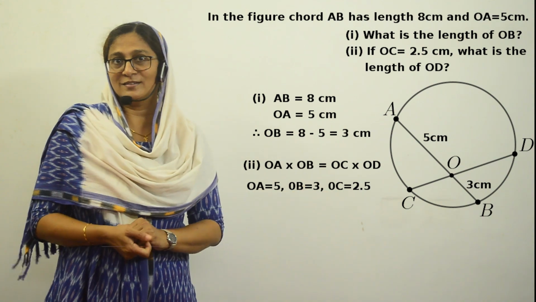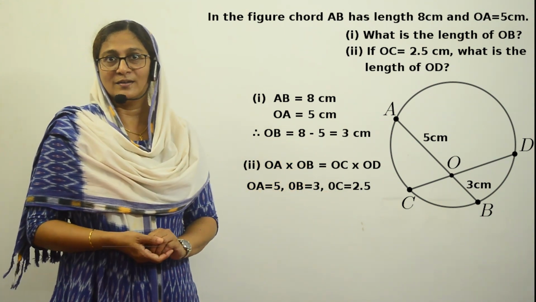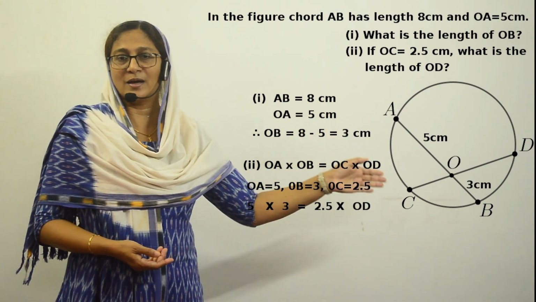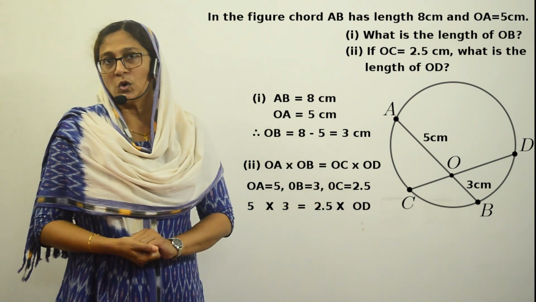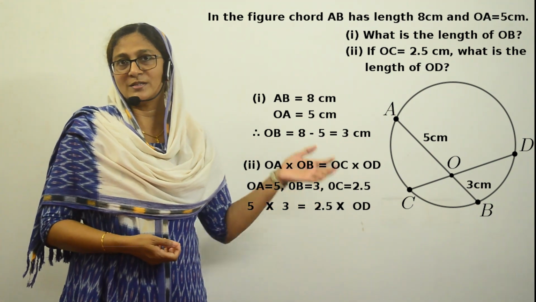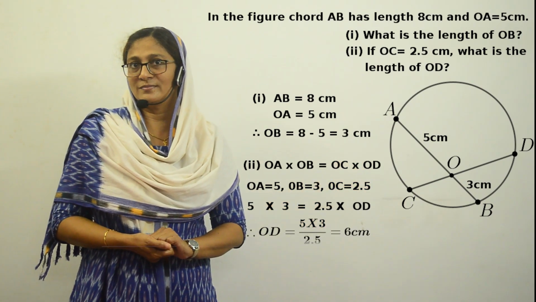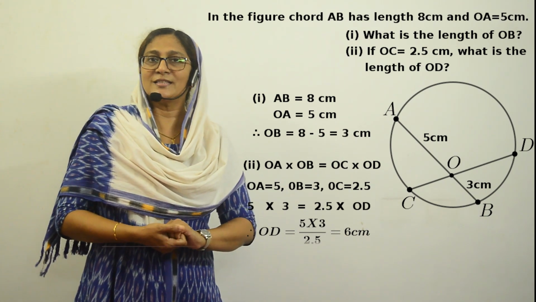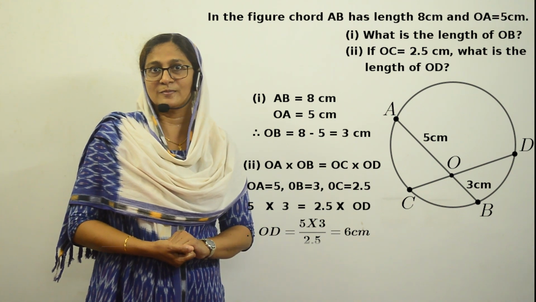From the relation, we have 5 multiplied by 3 equals 2.5 multiplied by OD, from which we get OD is equal to 5 multiplied by 3 divided by 2.5. That is 6 centimeters. Hence, the length of OD is 6 centimeters.